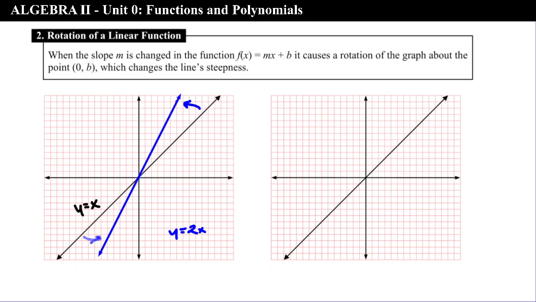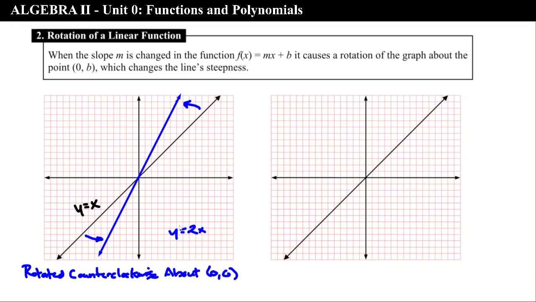So if we have a graph that looks like it rotated like this, it looks like it's rotating counterclockwise. And since it looks like it rotated counterclockwise, we say that it rotated counterclockwise about, because we need to know where the rotation occurred, about the origin, or (0, 0). Because you'll notice that that is where we have a point in common, where our parent graph and our new graph cross each other, is right there at the origin.